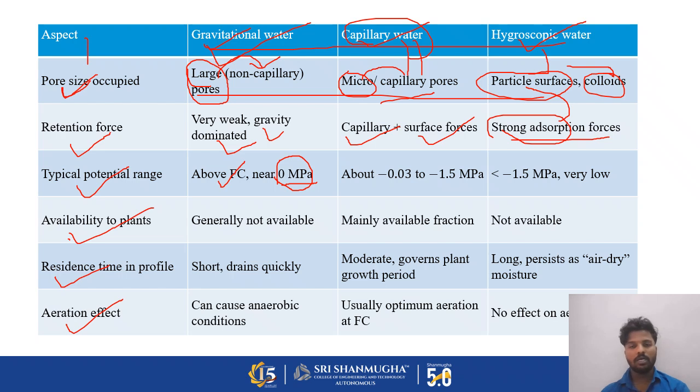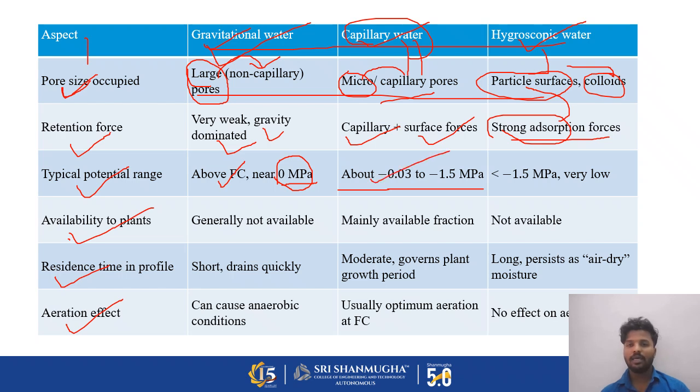Then the next one is capillary water. The potential range for capillary water is between minus 0.033 and minus 1.5 megapascal. That's why this water can be held in the soil profile and is available to plant growth.